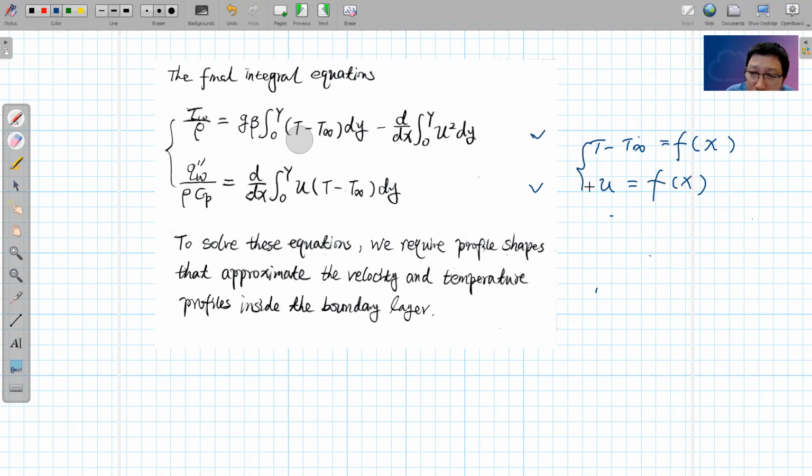We need to know these profiles. If we can find these profiles and approximate them, we can solve for the solution. So how do we do that?